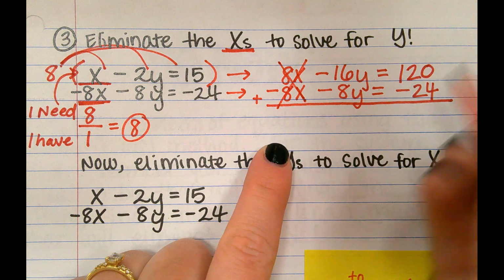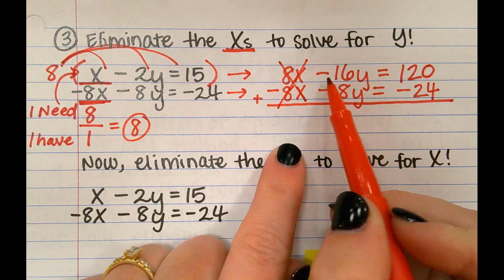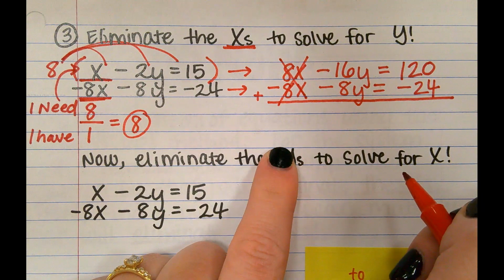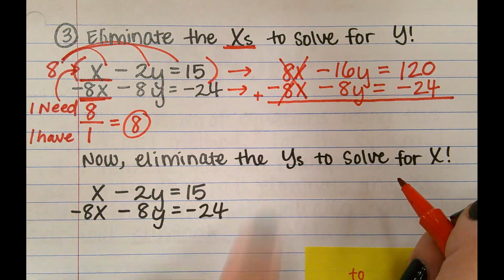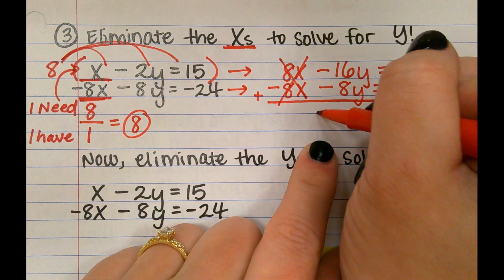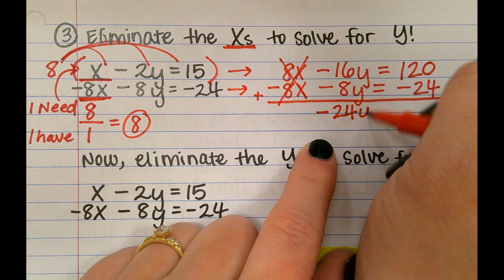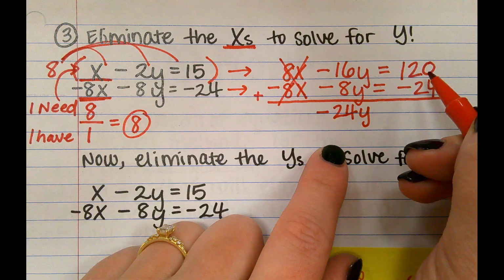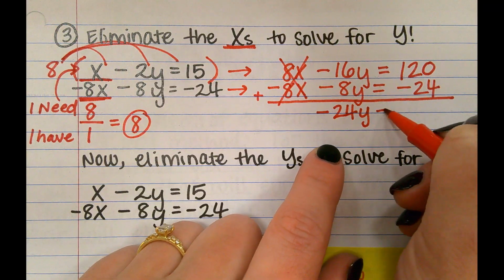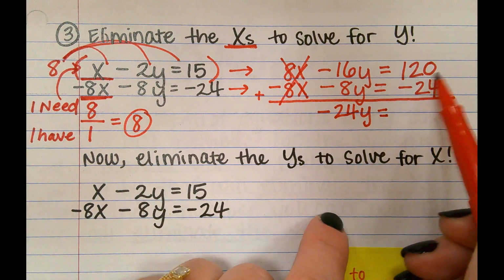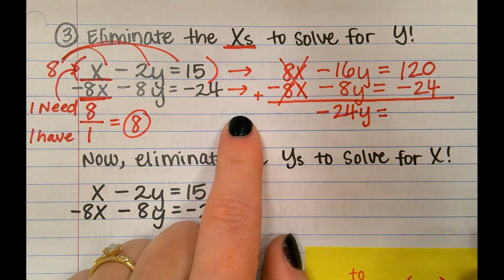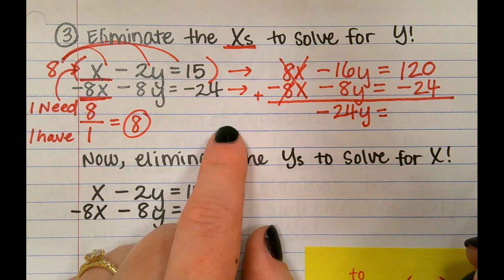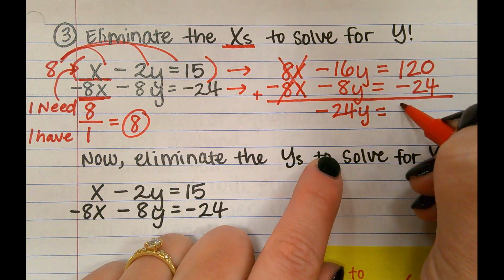We eliminated them. Okay, now negative 16y plus negative 8y is negative 24y. Good. 120 plus negative 24 is 96. Good.